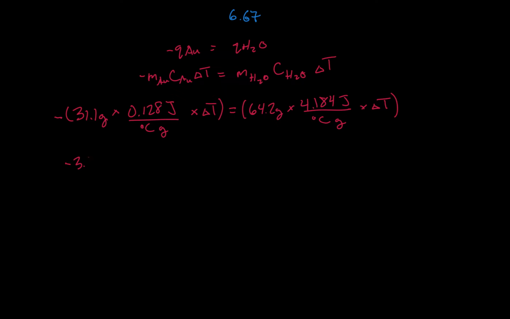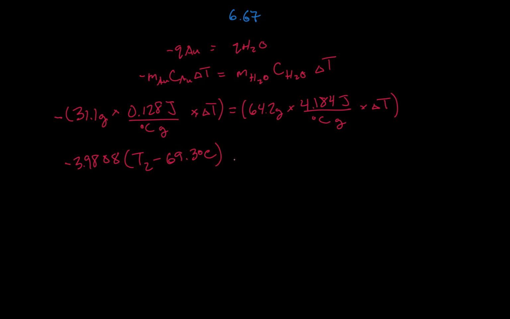Okay, so this gives us negative 3.9808, oops, excuse me, 9808, times T1 of the gold. Actually, you know what? Let's just put the value in for that. Gold was initially at 69.3 degrees Celsius.